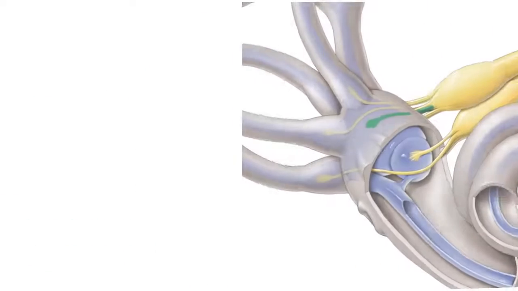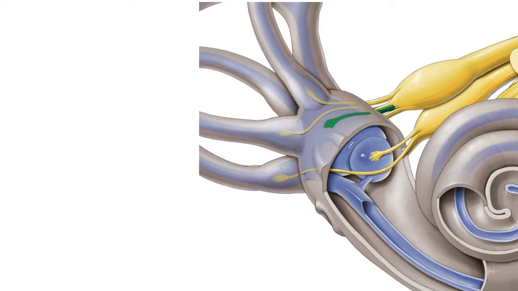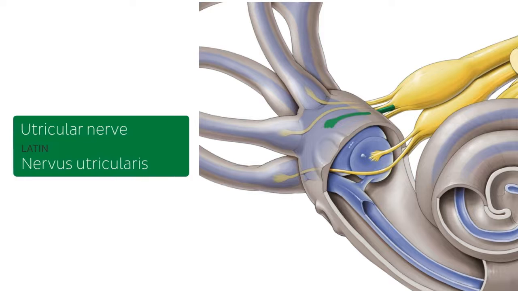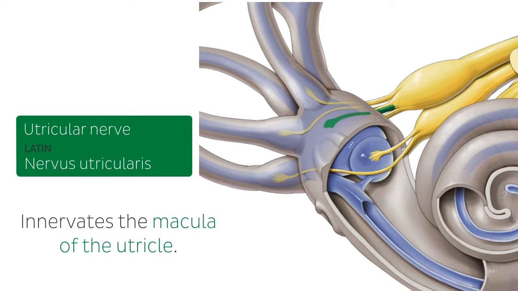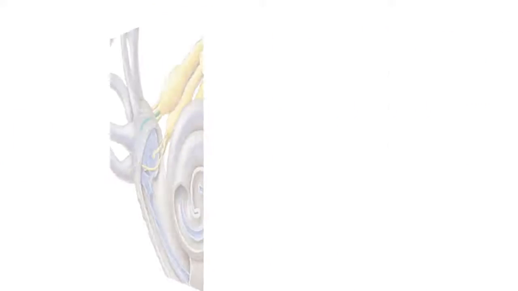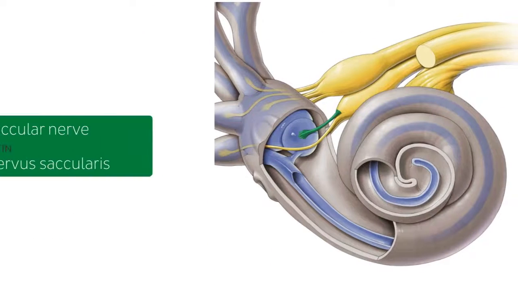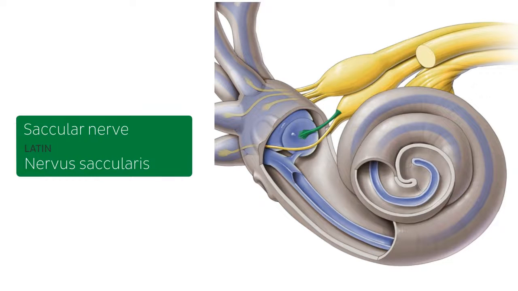Another nerve that arises from the superior vestibular ganglion is the utricular nerve. This nerve, as you can see here, innervates the macula of the utricle. The saccular nerve, as you can see in this illustration, branches from the inferior vestibular ganglion to supply the macula of the saccule.